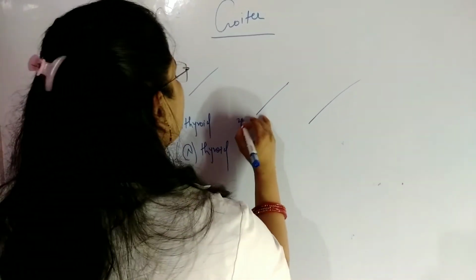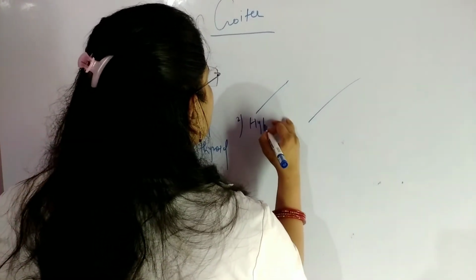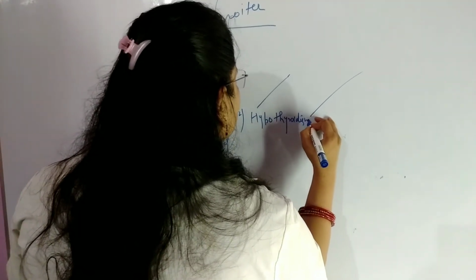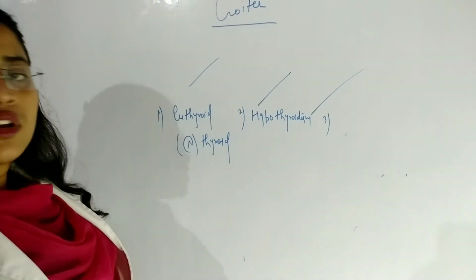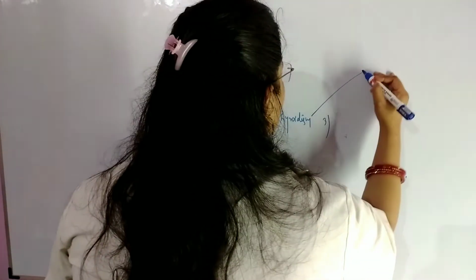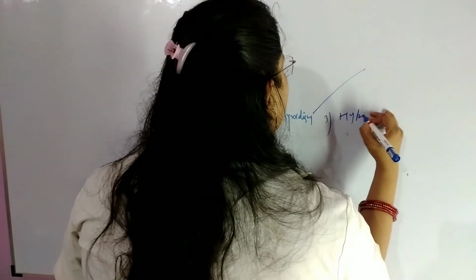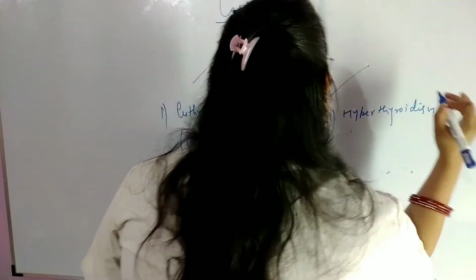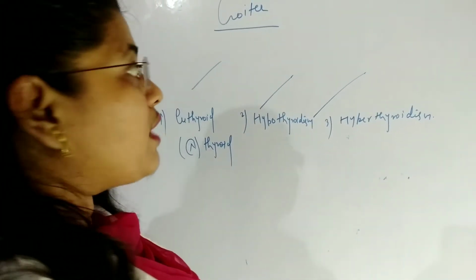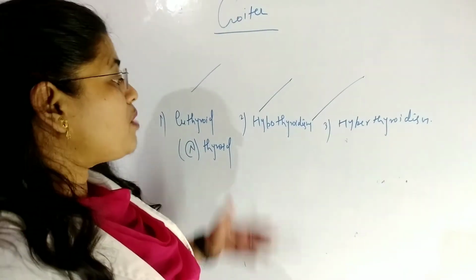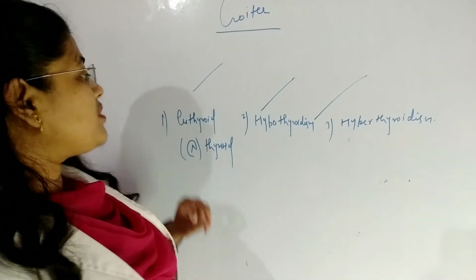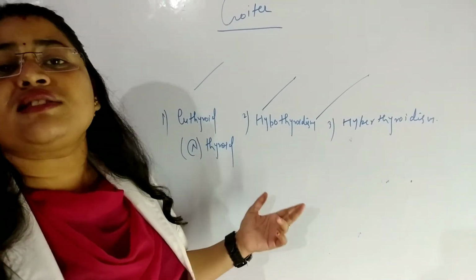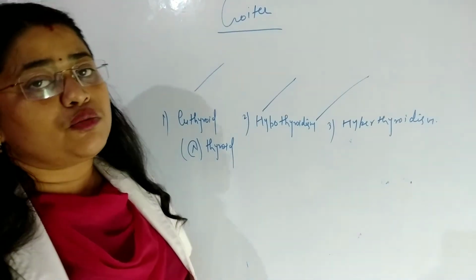Second, it may be produced in the hypothyroid state, and also it may develop in case of hyperthyroidism. So enlargement of the thyroid gland may be produced in three ways.